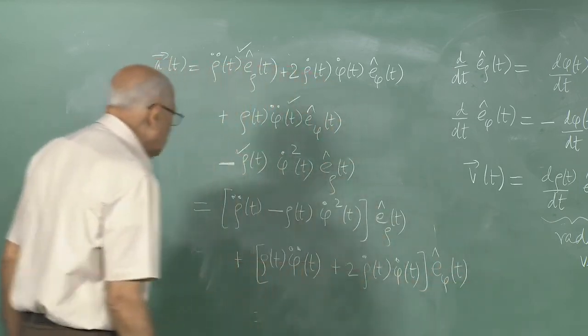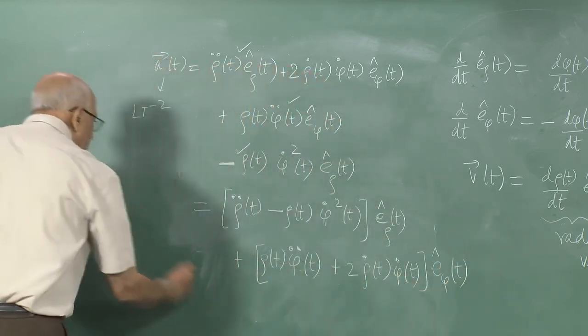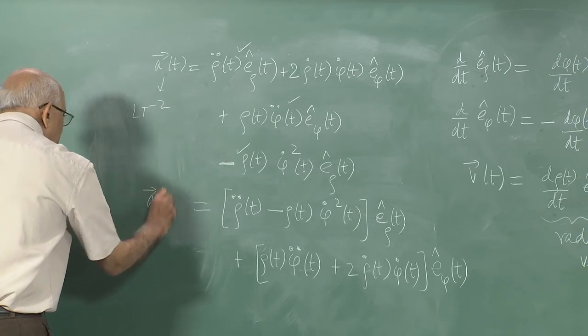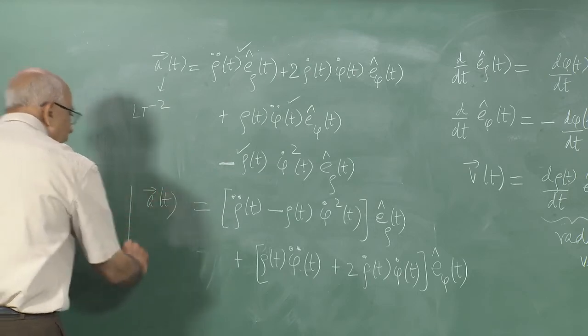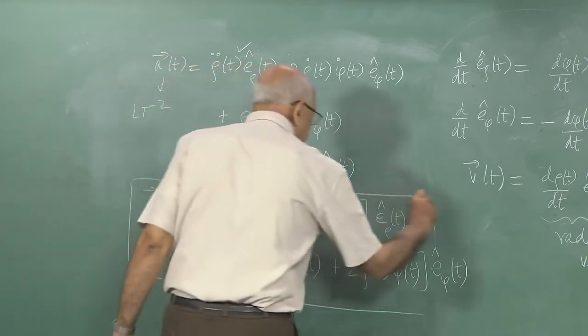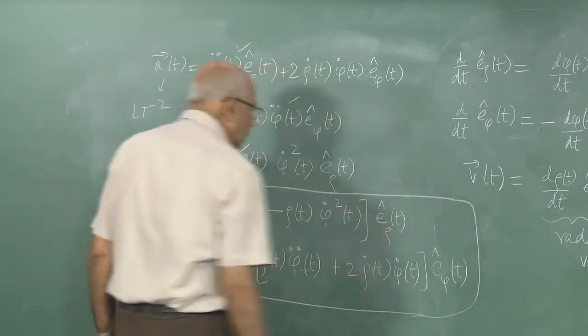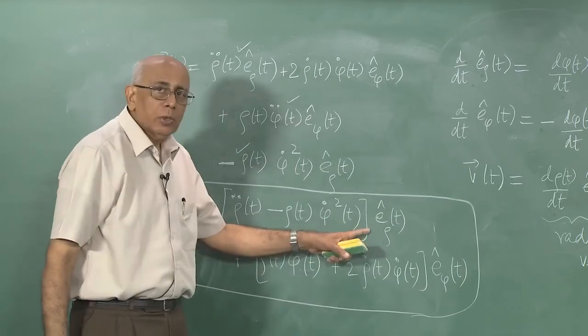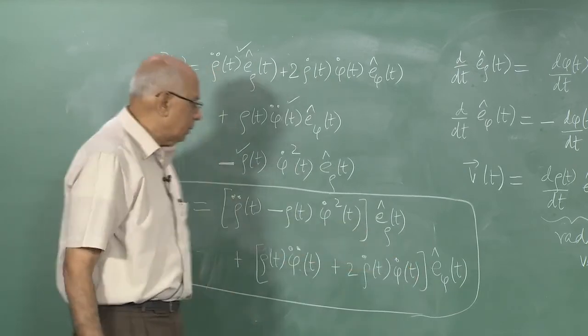So that is our grand finale, that is our final formula for the general acceleration in a plane, in plane polar coordinates. A radial portion and an azimuthal portion.